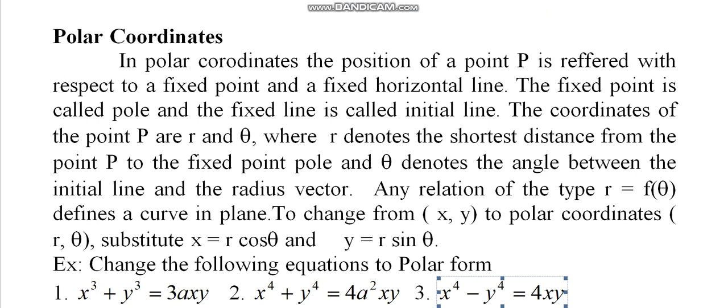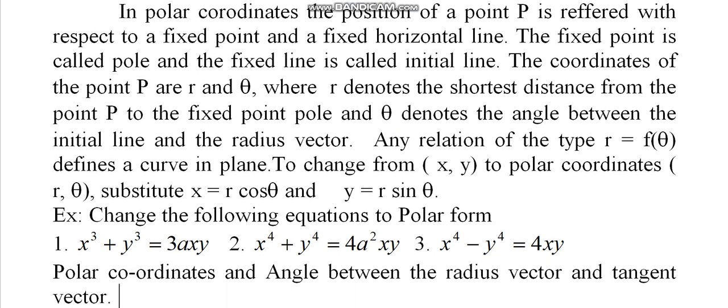The coordinates of the point P are (r, theta), where r denotes the shortest distance from the arbitrary point P to the fixed point, the pole, and theta denotes the angle between the initial line and the radius vector. Of course, we can draw the picture of this.